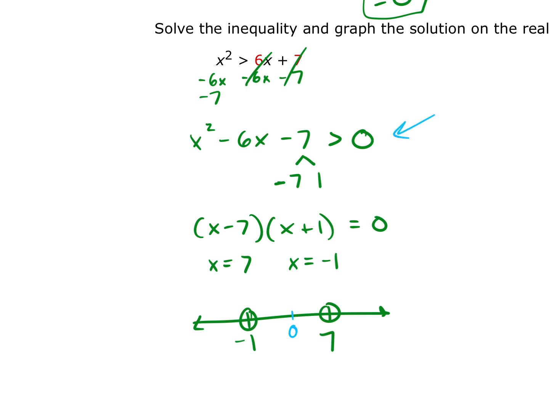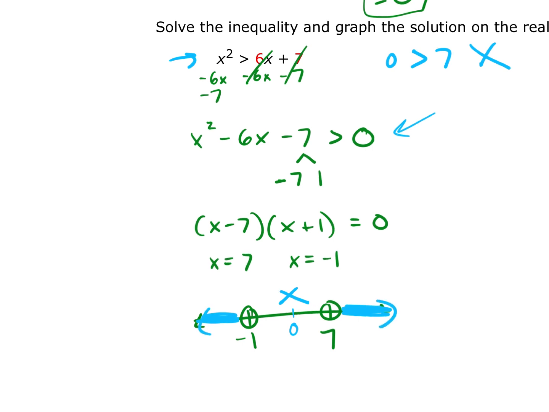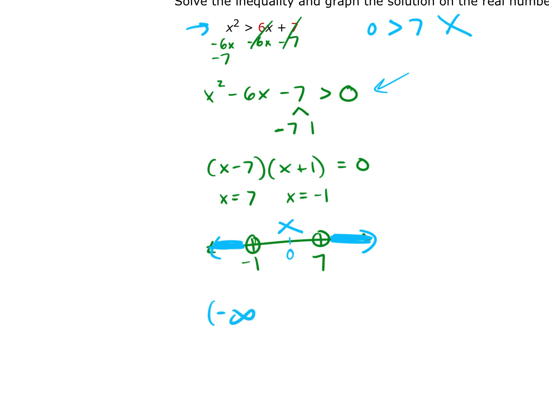It doesn't matter. I'd recommend plugging it into the original just in case you made a mistake with your work somewhere. So we have 0 is greater than 7. This is not true, so it's not in between. You can be super sure and plug in a number outside just to double check your work, but outside's going to work. So our answer would be from negative infinity to negative 1 and from 7 to infinity.